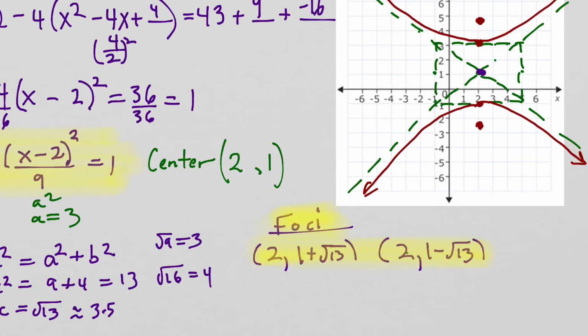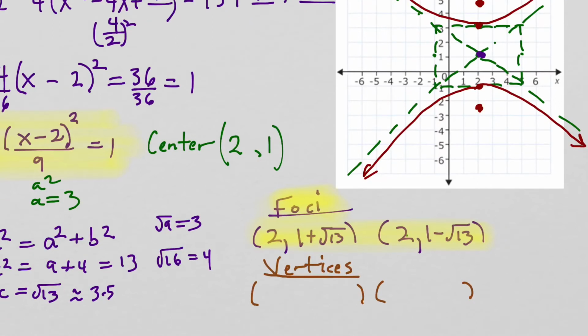This red line is the hyperbola, this red curve. All right, so I need those two dots. Let's do this one first. This is x 2, y negative 1. And this one here is x 2, y 3.